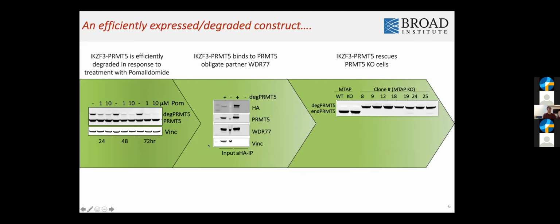And if you advance one more slide, it appeared also to be functional in that it was able to rescue PRMT5 loss, shown here in single cell clones. And for those of you who are not familiar with the pathway, PRMT5 is an essential gene. So we were very excited to see that we were able to generate these single cell clones expressing a degradable PRMT5 allele.